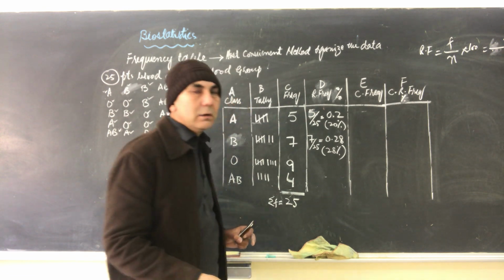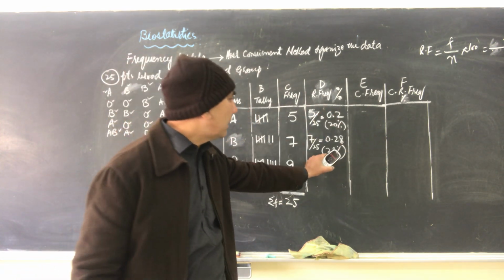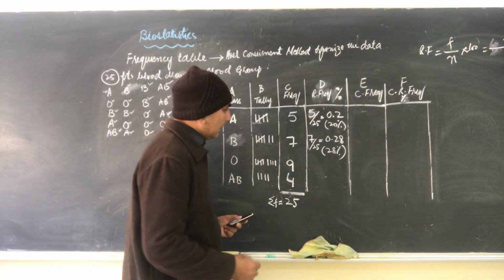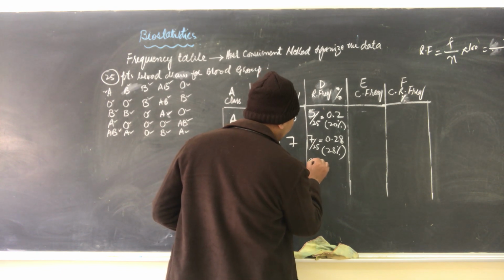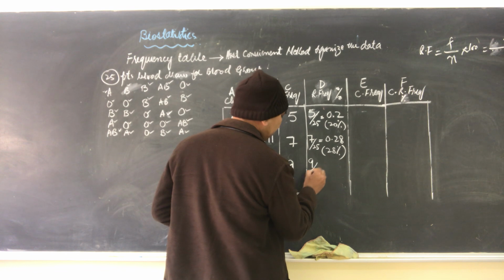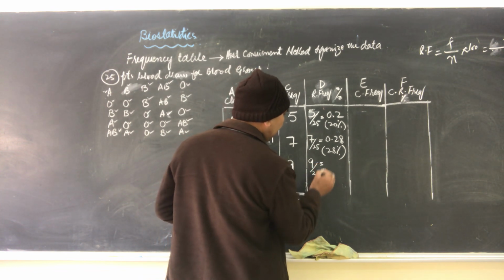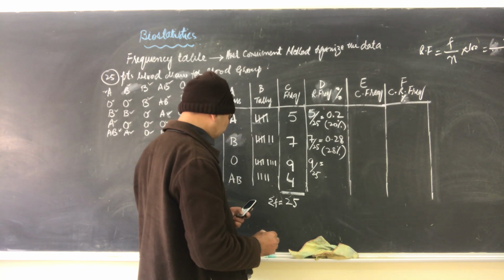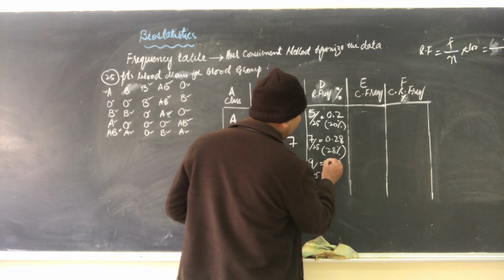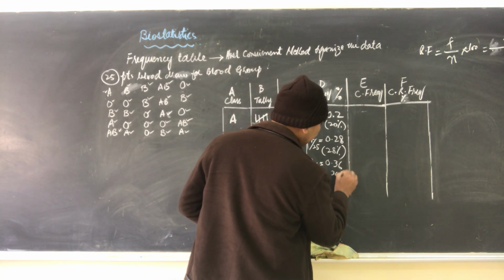If you multiply 0.28 by 100, it comes up as 28%. Now the third one, 9. The frequency of the O blood group is 9 divided by the total sample size, 9 divided by 25, which is 0.36. It means 36%.